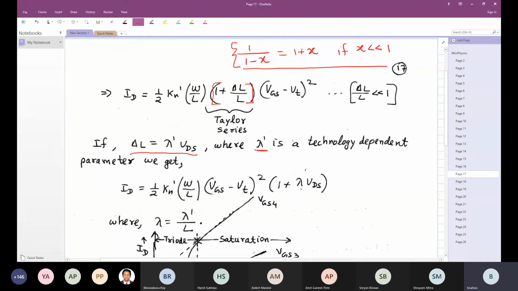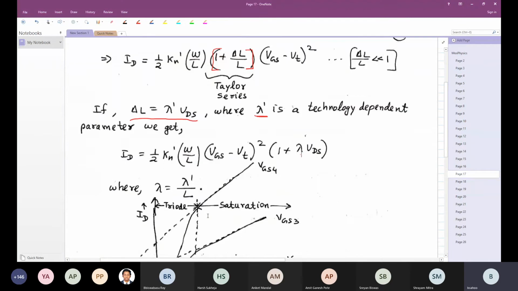Now, what is lambda? If delta L is lambda dash times VDS, lambda equals delta L by L. Sorry, it will have a factor of L over there. So lambda equals lambda dash by L.